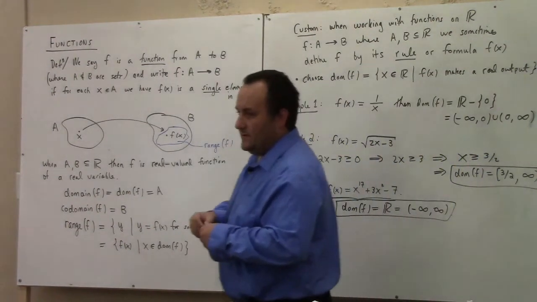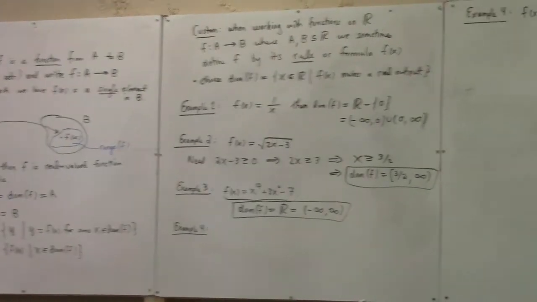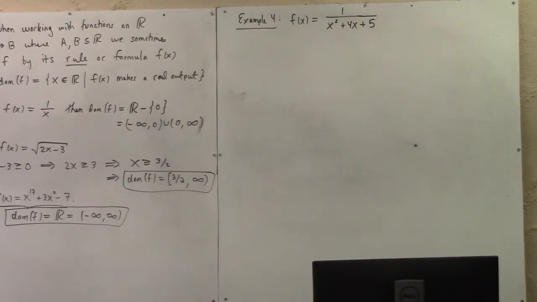Right? Then what's the danger? We've got division, right? So maybe there's division by 0. How can we be sure if there is or isn't?